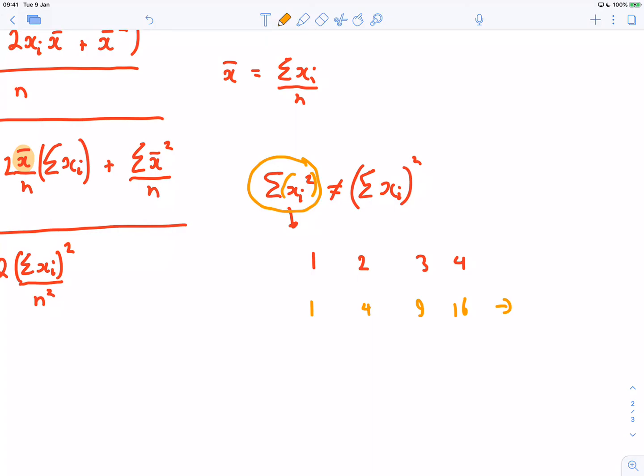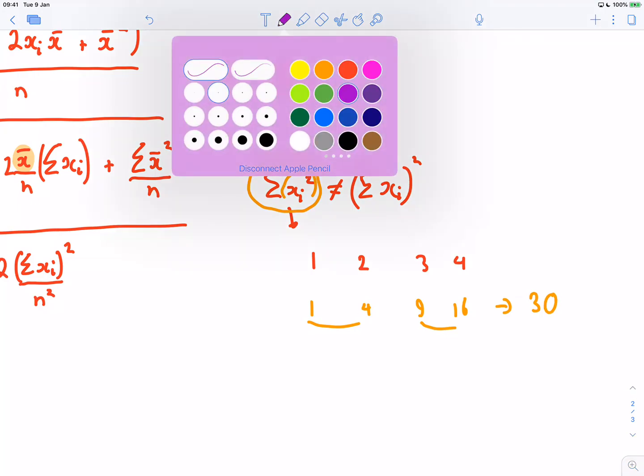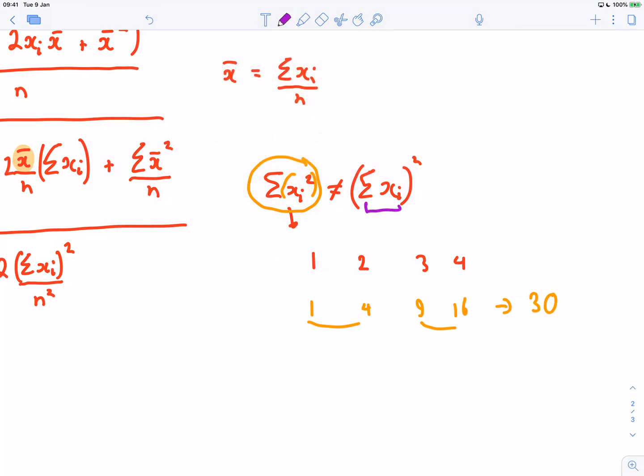You add them together, 1 add 4 is 5, 9 and 16 is 25, so that will be 30. Now the sum of xi and then square it means you take the sum of the numbers, 1, 2, 3, 4, sum them first and then square it. So 1 plus 2 plus 3 plus 4 is 10, and when I square it, that's going to equal 100. Can you spot how these two things are not the same? They're doing different things. That's important.